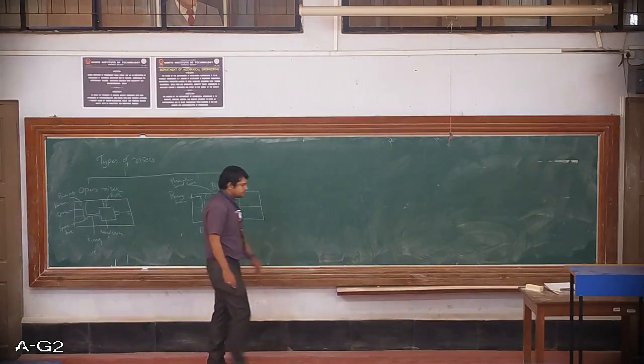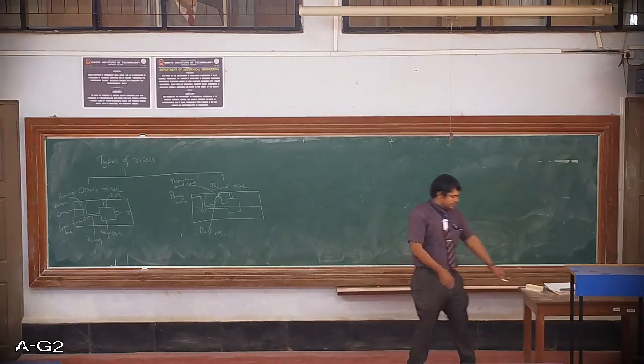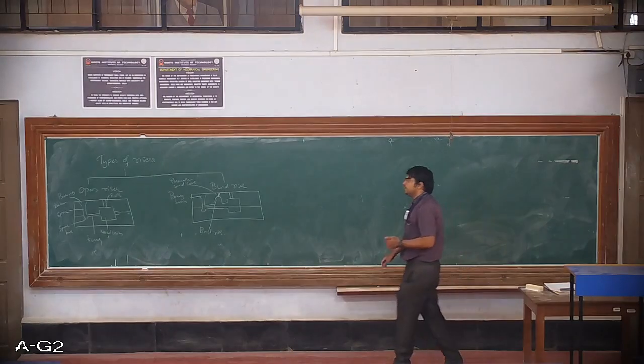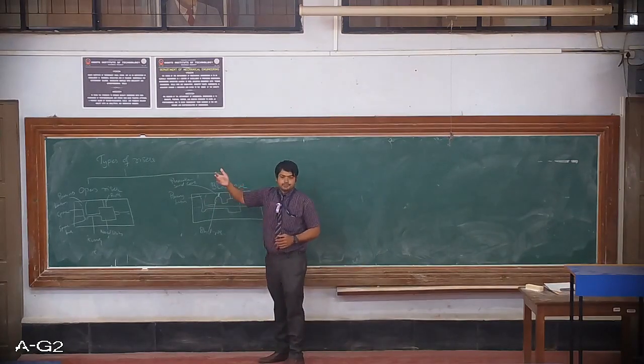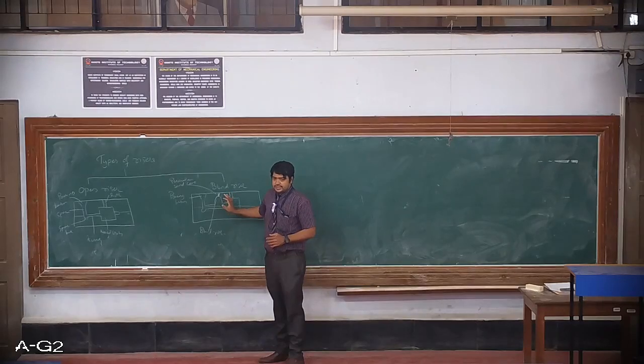In the case of the blind riser, you can see there is this riser which is not open to the atmosphere, and because of this, till the end of the casting that gets solidified, we are going to have a high thermal gradient. That is, the metal is going to remain in the molten state and it starts feeding the molten metal to the casting.